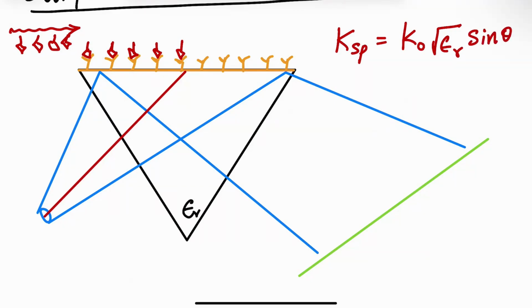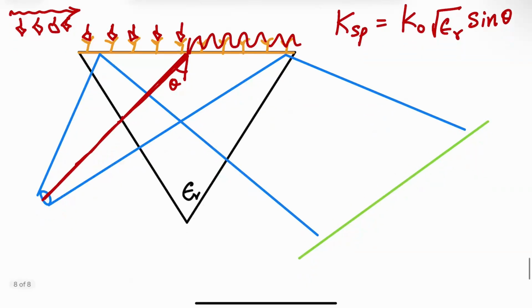So only for one angle is that true. At that angle, this wave comes in, this is the angle theta, and then it becomes a surface wave. Right? For all other angles, that's not true. So all the other angles don't satisfy this condition, so they don't excite surface waves, which means they get reflected back. Only that one angle becomes a surface wave.